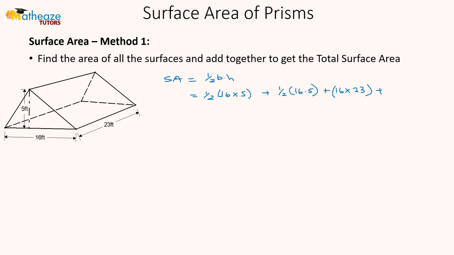And now we need to find the area of this surface right here. This is a rectangle. We have the length or the width, but we don't have one of the other dimensions.